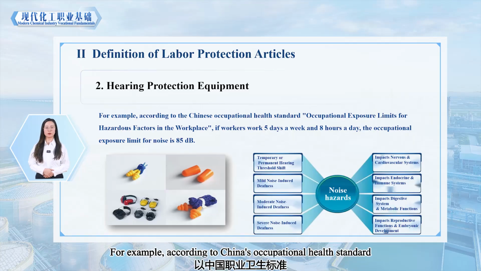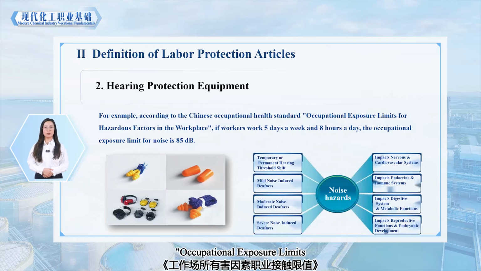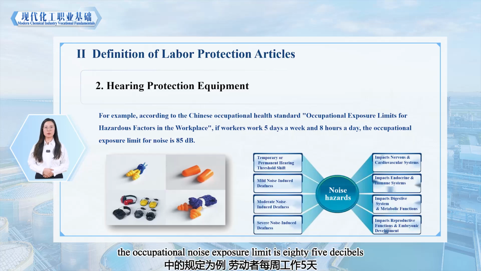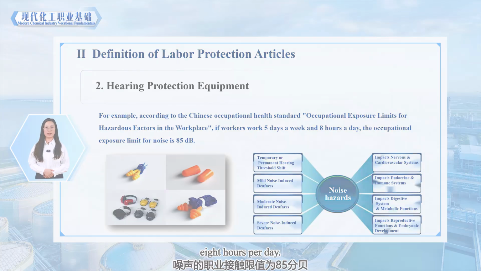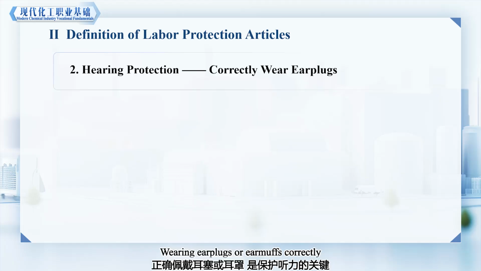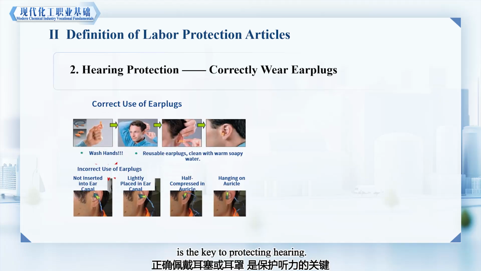For example, according to China's occupational health standard, occupational exposure limits for hazardous factors in the workplace, the occupational noise exposure limit is 85 decibels for workers who work 5 days a week, 8 hours per day. Wearing earplugs or earmuffs correctly is the key to protecting hearing.